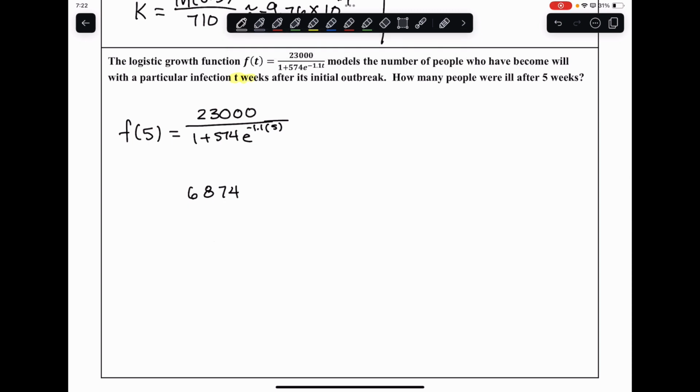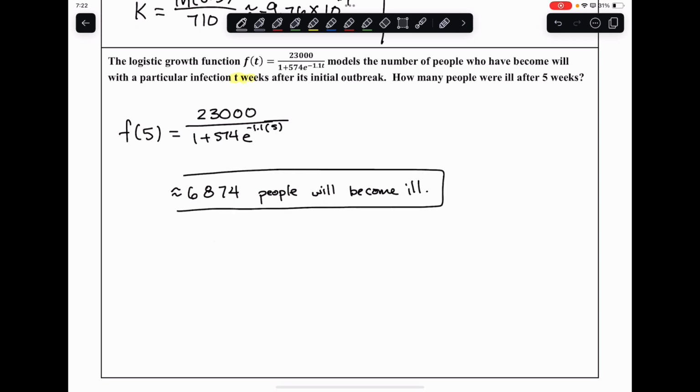Well, according to this model, after 5 weeks, approximately 6,874. And there's your answer.